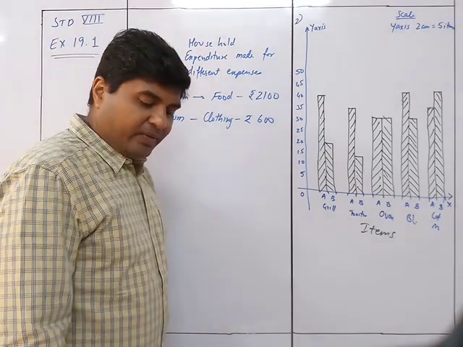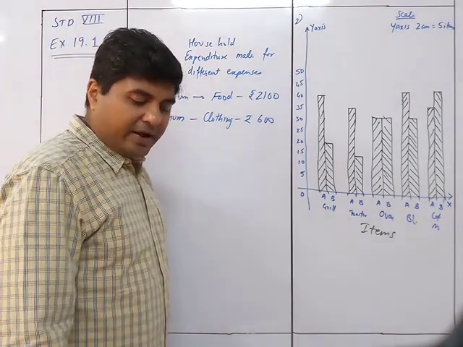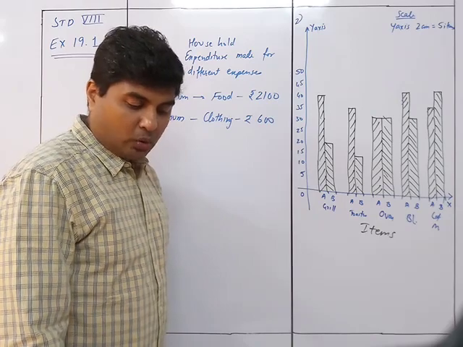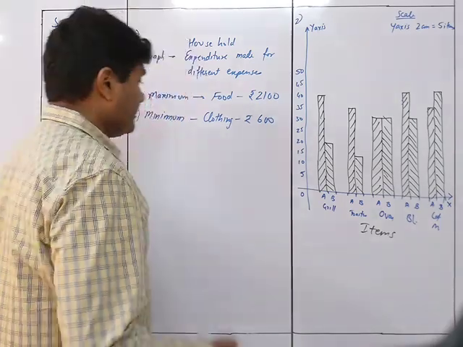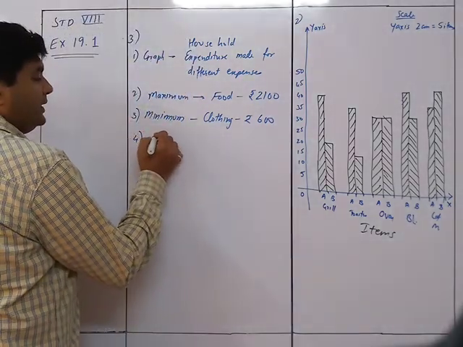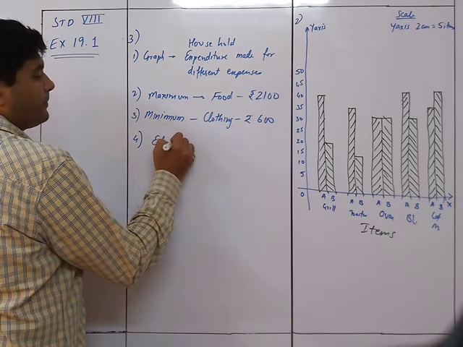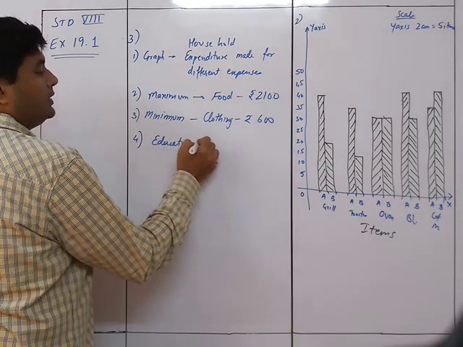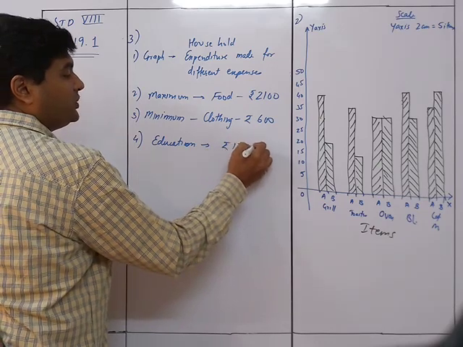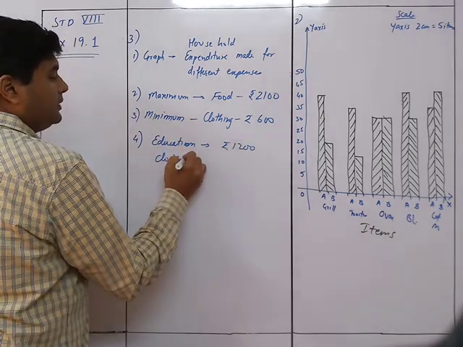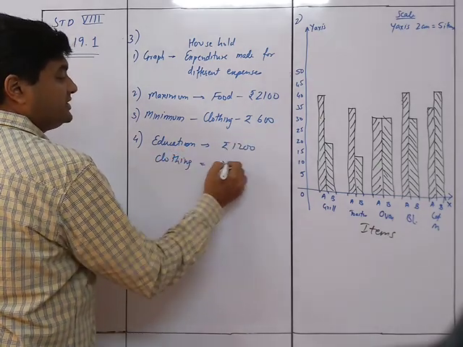Next is, state whether true or false. Expenditure on education is twice the expenditure on clothing. So the fourth one is education. The expenditure is rupees 1200. Clothing is equal to rupees 600.